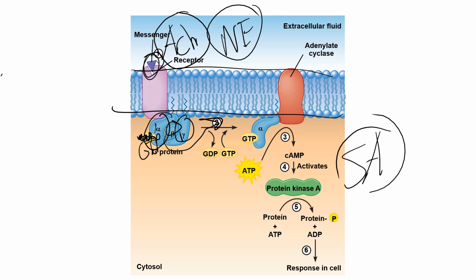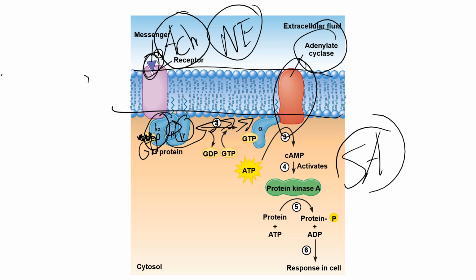I wish it would go in the opposite direction, or at least have the subunits flipped around. But what'll happen is the alpha subunit will move away from them, and it'll start crawling along the intracellular side of the membrane until it finds this enzyme, which is called adenylate or adenyl cyclase.